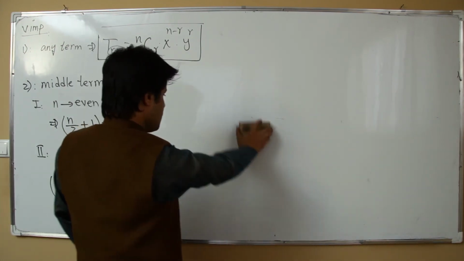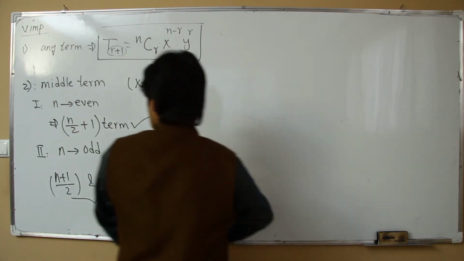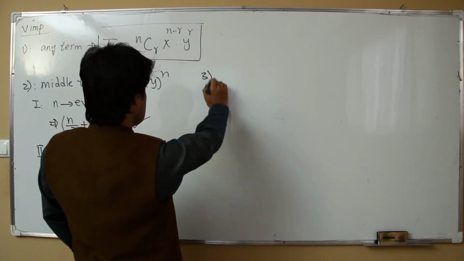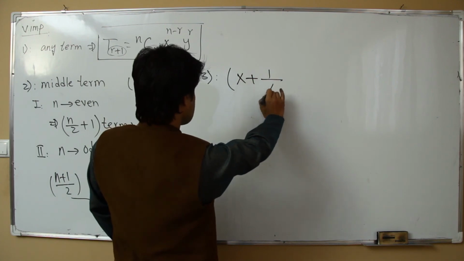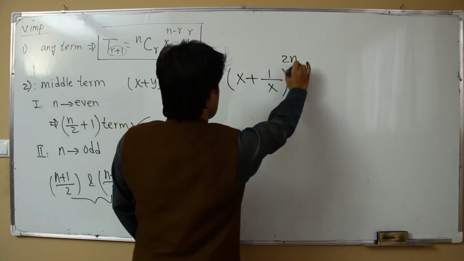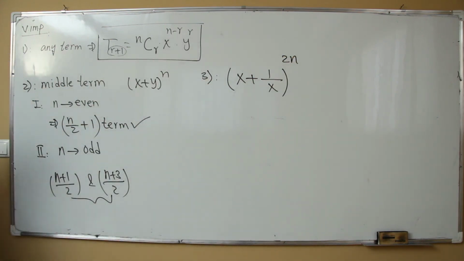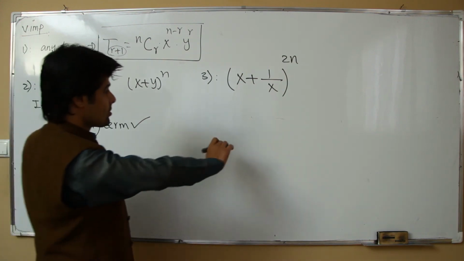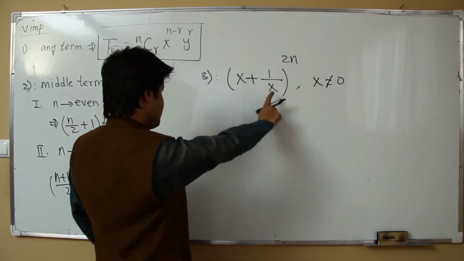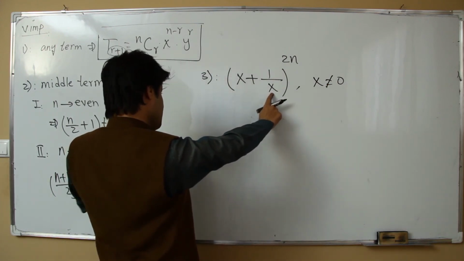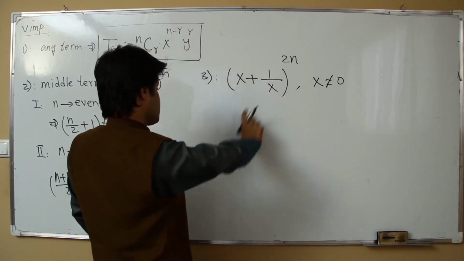And one thing which is very important, number 3: if we have (x plus 1 divided by x) raised to the power 2n, where x is not 0. Why? Because if x is 0, on that occasion we cannot define this fraction.